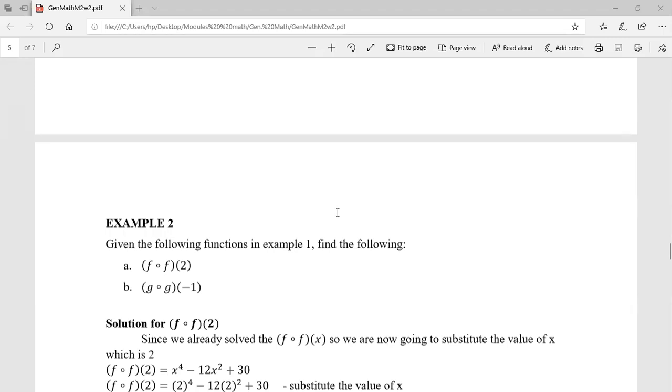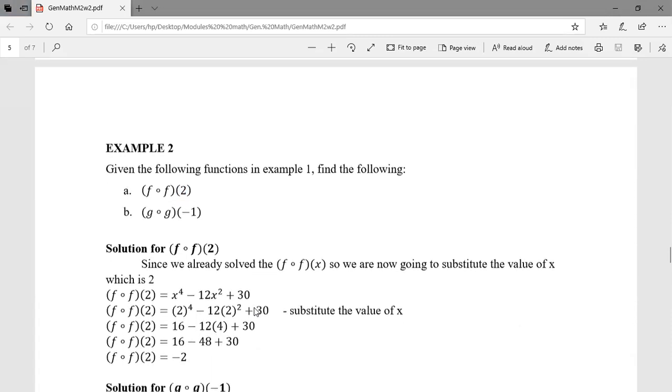Okay, given the following functions in example 1, find the following. So f of 2 and g of negative 1. So, we substitute the value of x. So, the value of x is positive 2.